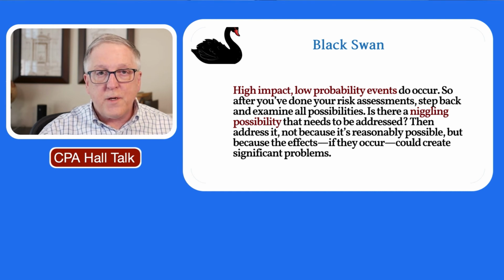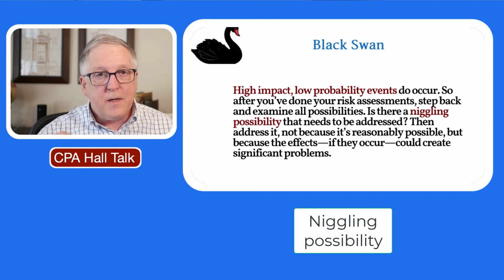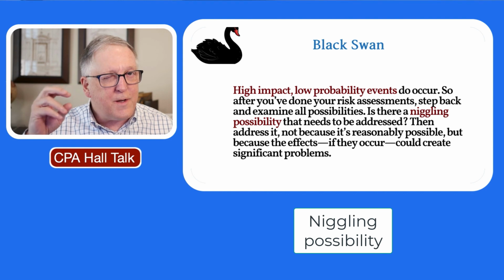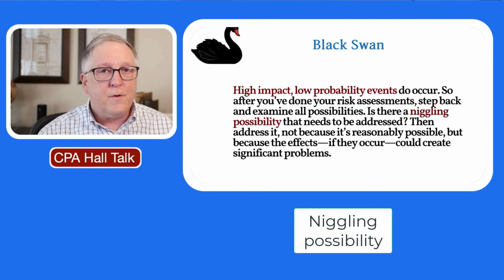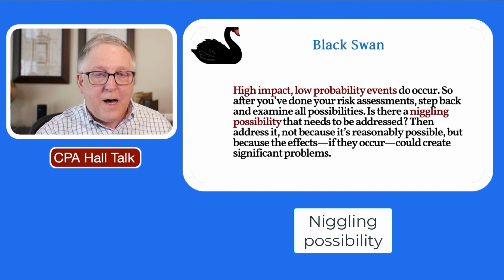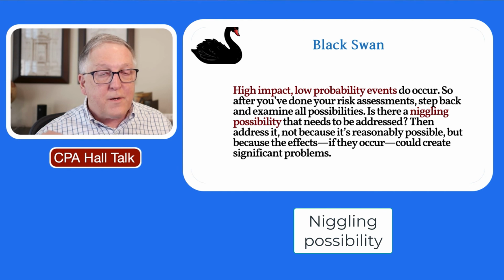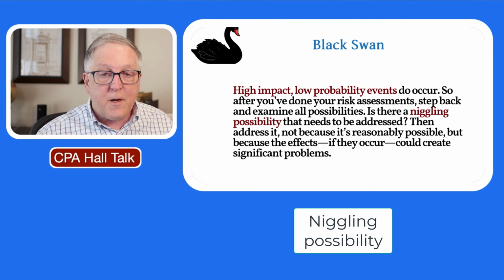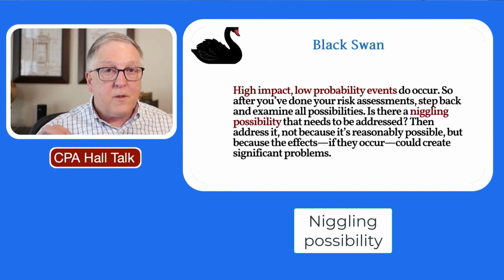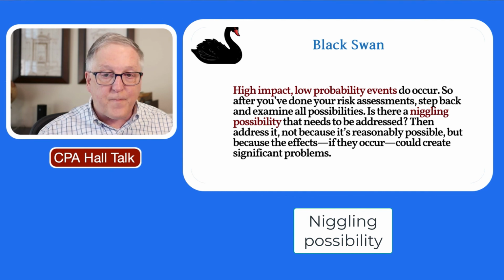So once you do your risk assessment and you put your plan together, or as you're putting your plan together, if there is a niggling possibility, that's one of those things that just kind of bothers you as you're planning the engagement, and you don't see a high risk for that one niggling possibility, but you know that it could happen. And because it could be very explosive, then you may desire to plan some audit steps in relation to the black swan possibility.